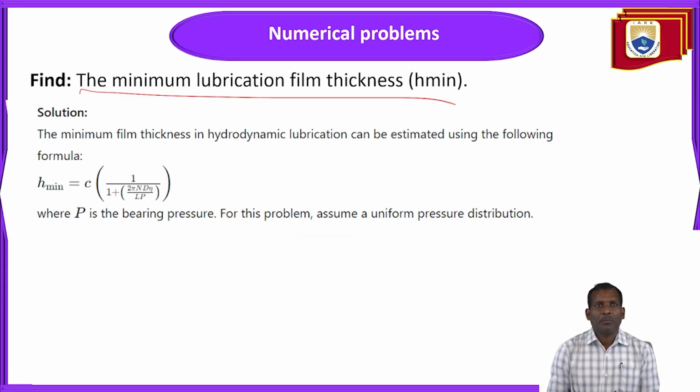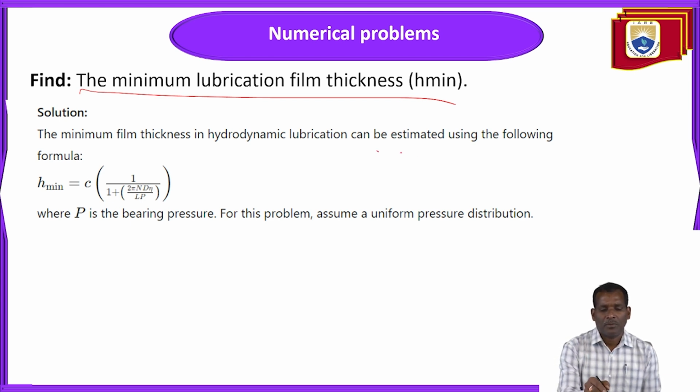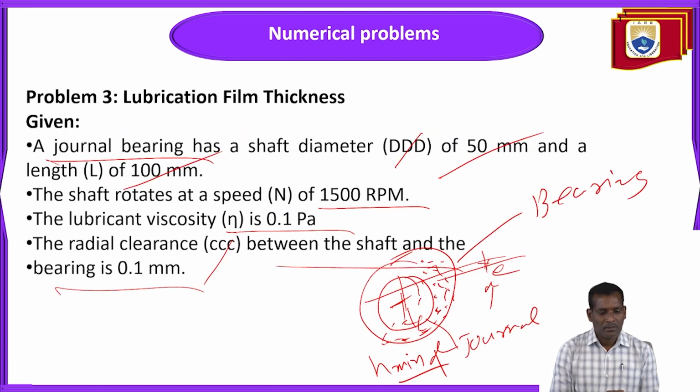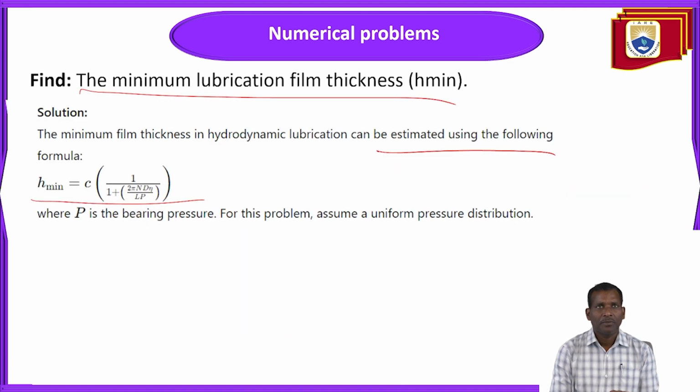The solution: the minimum film thickness in hydrodynamic lubrication can be estimated using the following formula, C into 1 by 1 plus 2 pi N D efficiency, with lubricant viscosity by L P. Here P is the bearing pressure, and for this problem assume uniform pressure distribution.